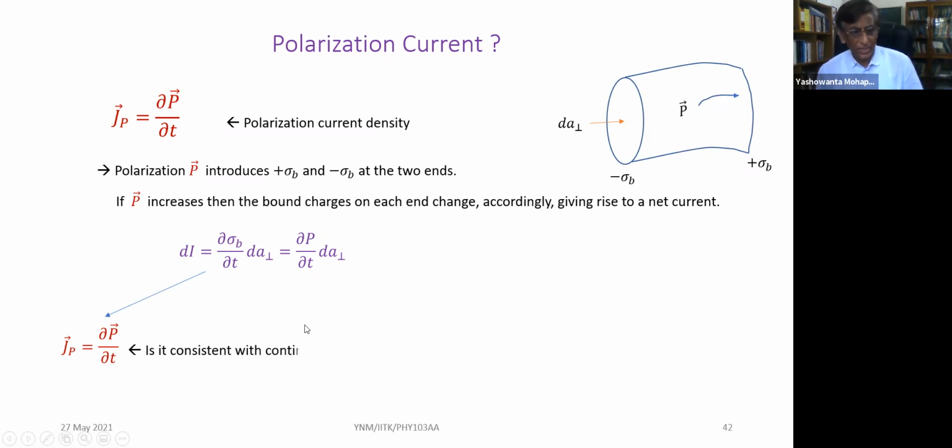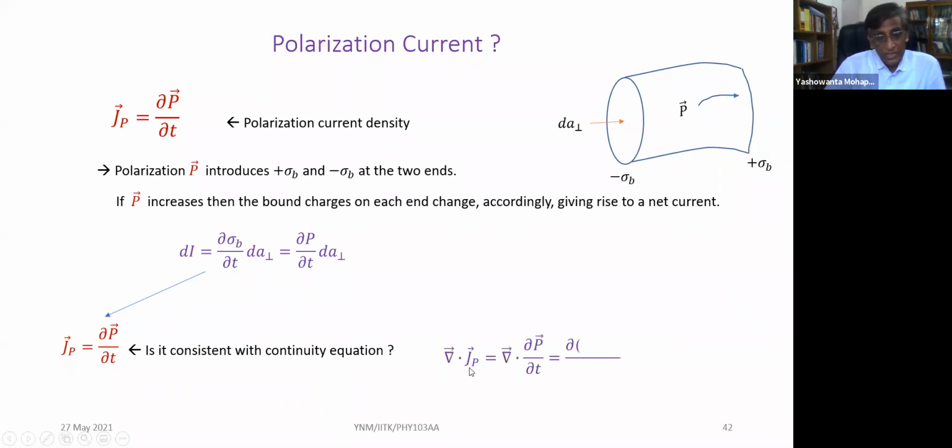Now, is this consistent with the continuity equation? If it is actually a current, then one must check whether it is consistent with continuity, because the continuity equation has a pivotal role in making my Maxwell's equations consistent, right? So we must check that this indeed follows.